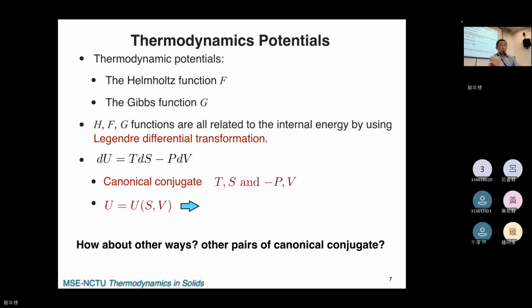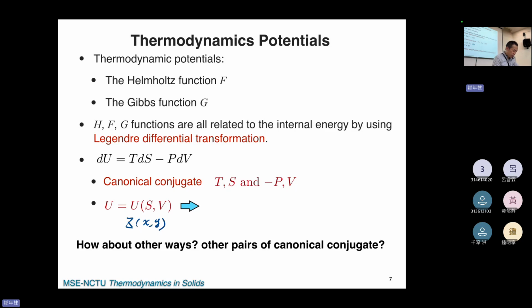All the potential functions originate from this equation, dU equal to TdS minus PdV. Okay, you know that. So you can see that U is a function of S and V. Okay, so now we regard this equation as z and x and y. So actually, this is the form that we introduced in the Legendre transformation in the beginning, right?